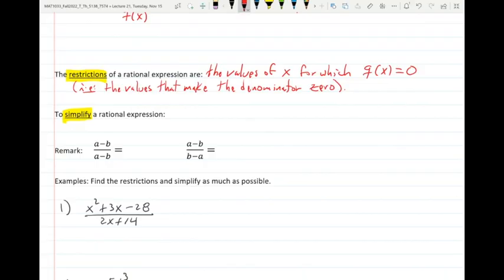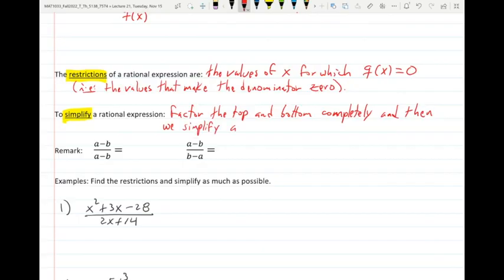So to simplify rational expressions, we factor the top and bottom completely, and then we simplify any factors that appear in both.